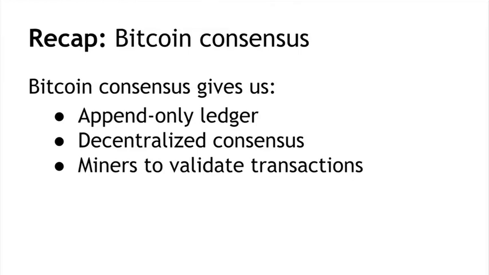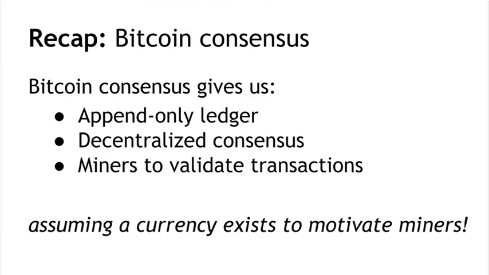The miners who perform that protocol are validating transactions, making sure that transactions are well formed, that there aren't double spends, and that this thing can function as a currency. Although it's kind of funny because we assumed that a currency existed to motivate these miners. So in this lecture we'll be looking at the details of how we actually build that currency to make the miners make this whole process happen.